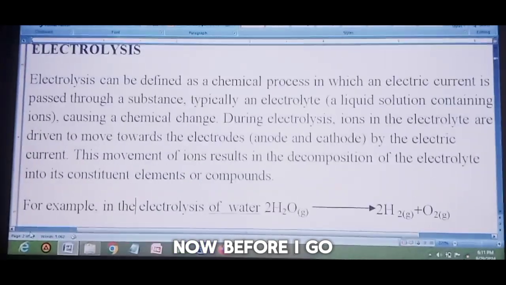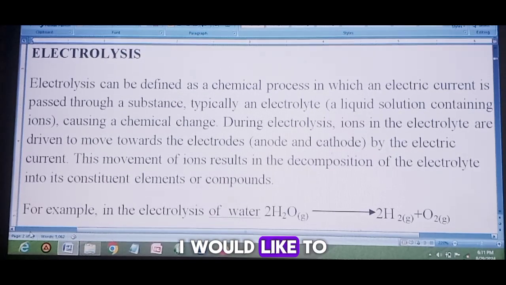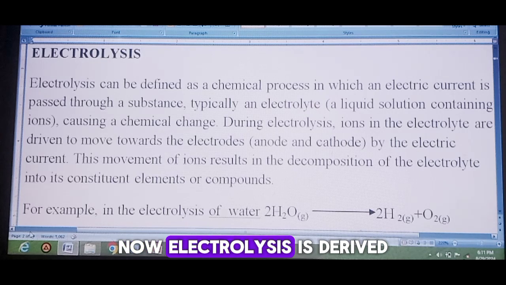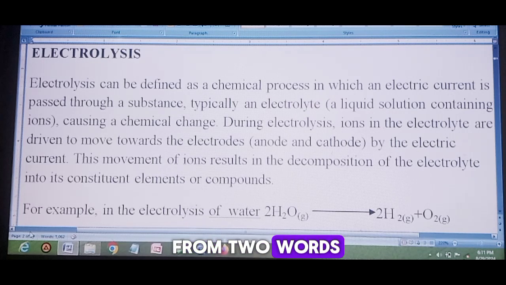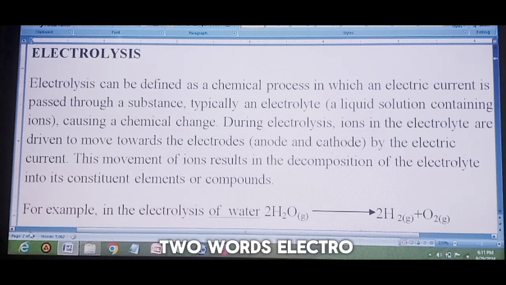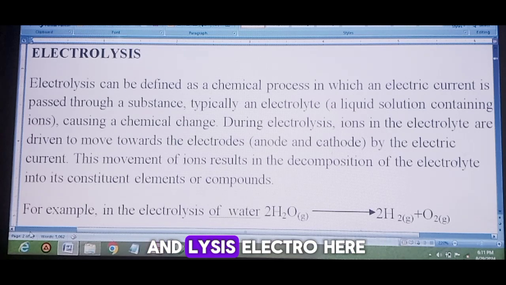Now, before I go into defining electrolysis, I would like to explain the meaning of the term electrolysis. Electrolysis is derived from two words, electro and lysis.